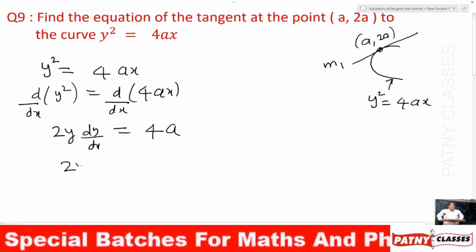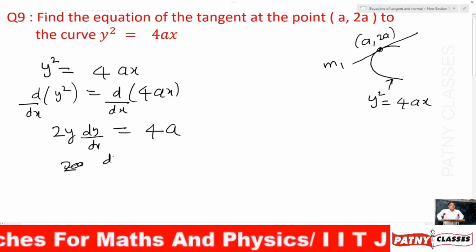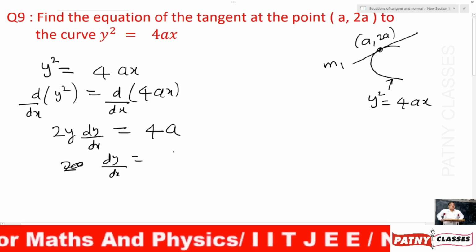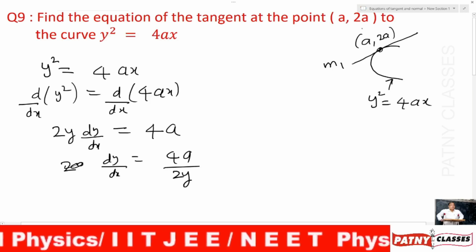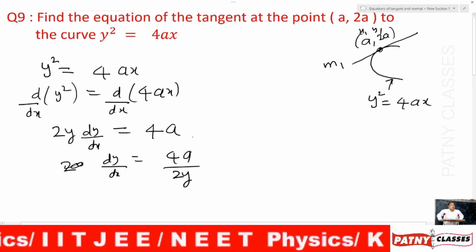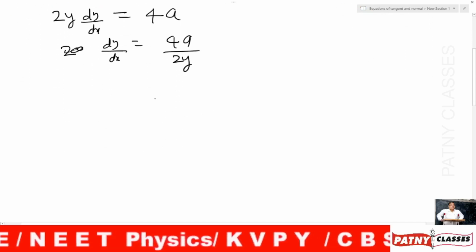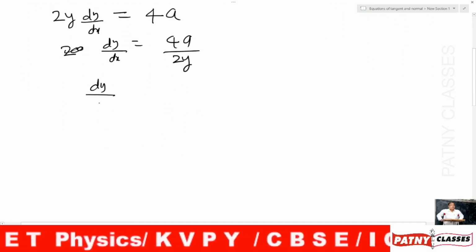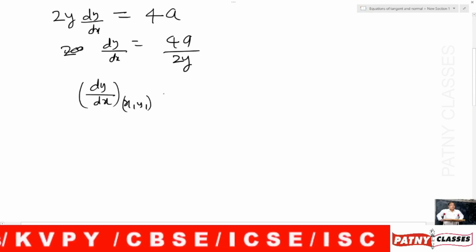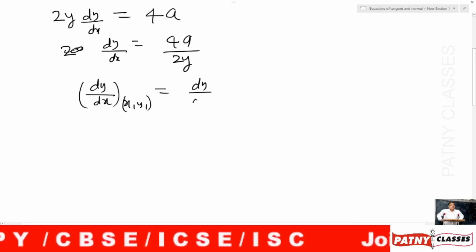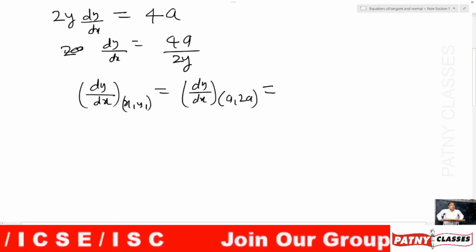So 2y dy by dx equals 4a. Now dy by dx equals 4a upon 2y. If x1, y1 is the point of contact, then I can write dy by dx at x1, y1, and x1, y1 is a comma 2a, equals 4a upon 2y.